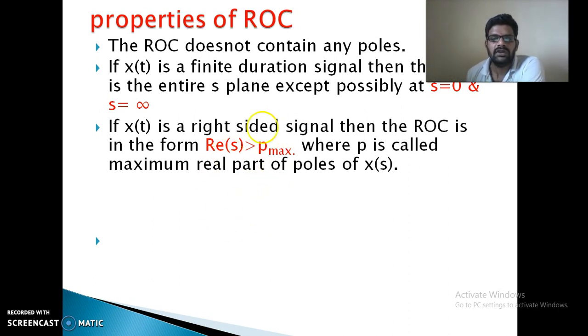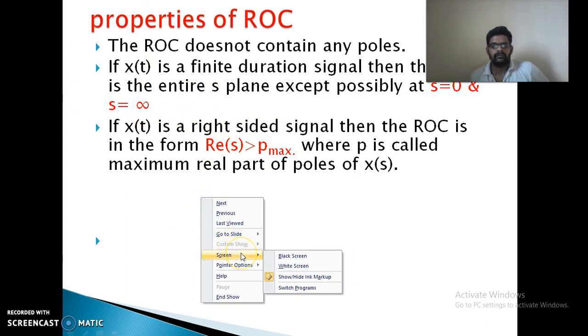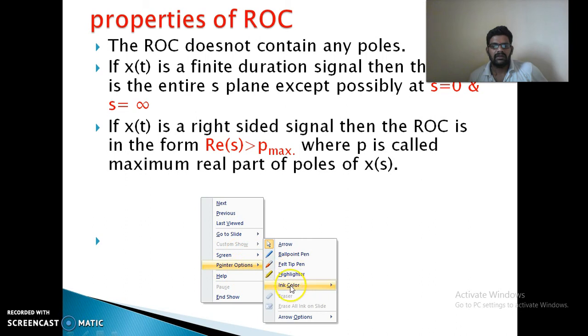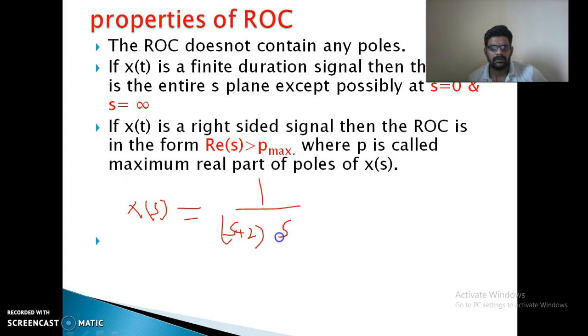For example, suppose I have a function X of s equal to 1 by (s plus 2) into (s plus 3).